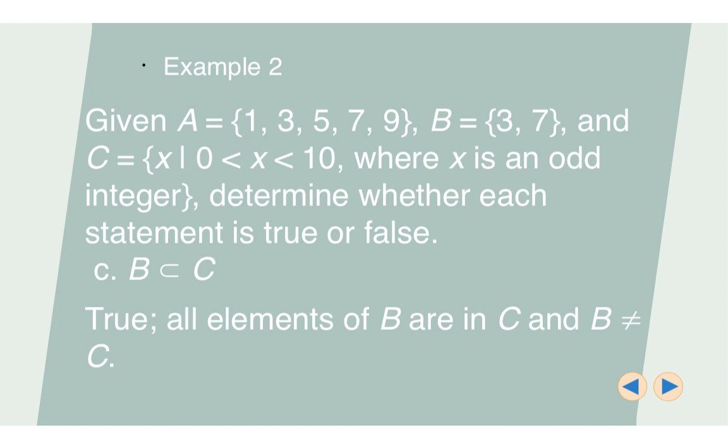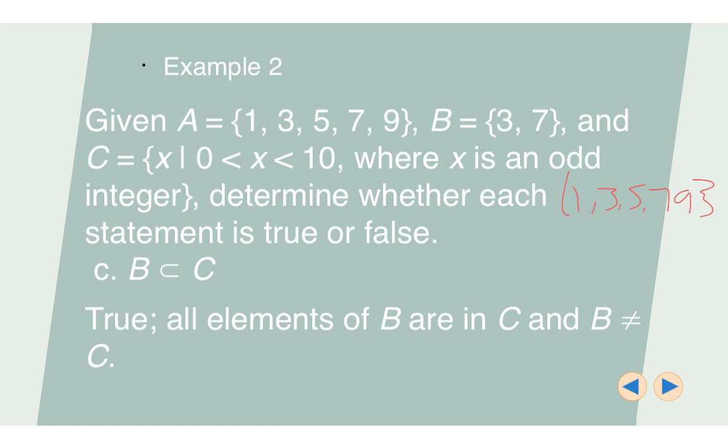C. B is a proper subset of C. Remember, we already figured out what C is. Let's go ahead and write it here. 1, 3, 5, 7, 9. It wants to know if B is a proper subset of C. Remember, a proper subset means they can't equal at all.